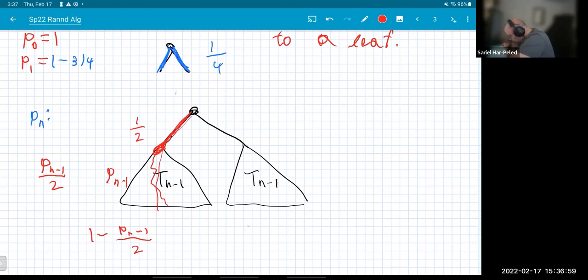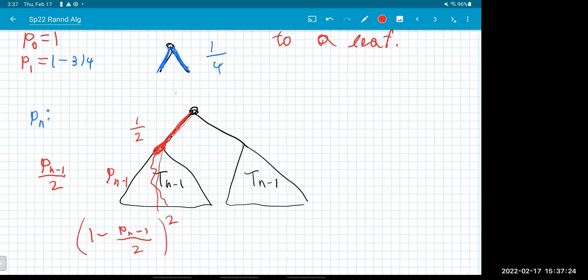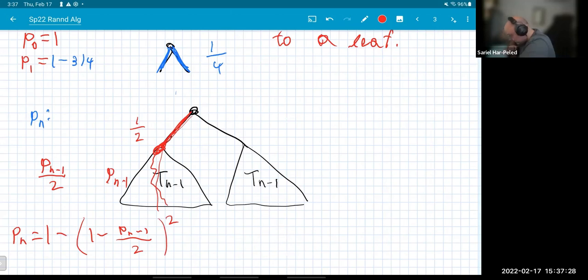This is also the same probability that I failed on the right side. And of course, the two events are independent, right? So for me to not have a red path from the root to a leaf, I have to fail on both sides. Those are two independent events, so I multiply them, right? So this is the probability of failure, but we are interested in the success. So pH is just 1 minus this, right?